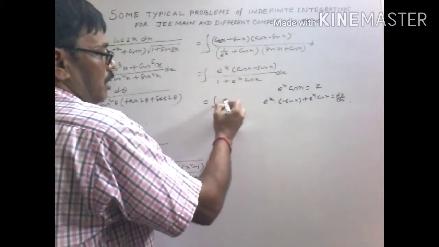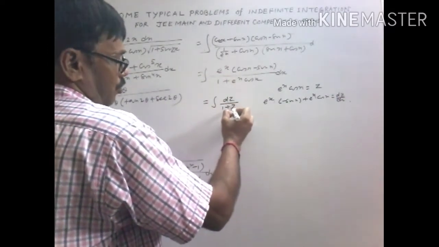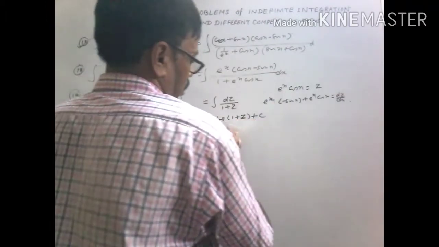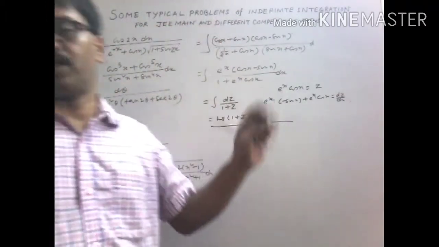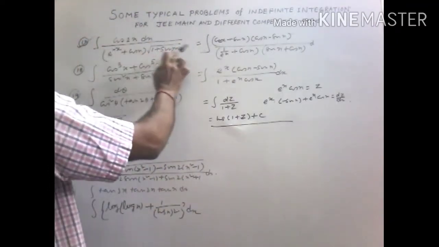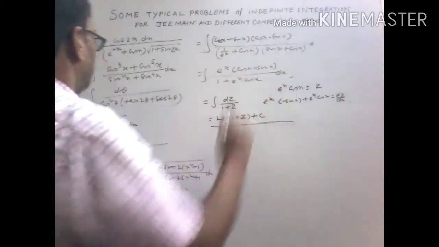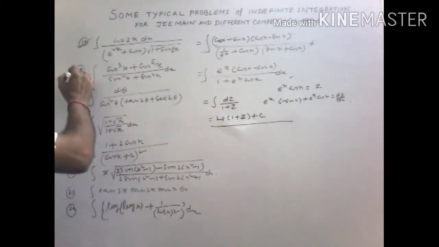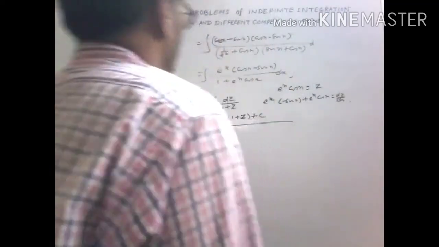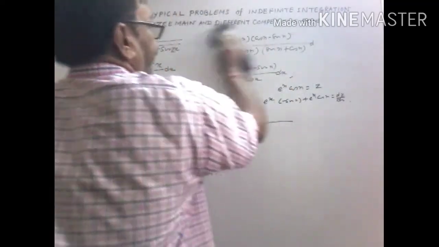So look, in the numerator we are getting dz by 1 plus z. So log(1 plus z). So this is our main aim, to put it in terms of a standard integral. So very simple, cos 2x and this. So we are getting it. Now this one, 18, this is a typical problem. Look, this one.